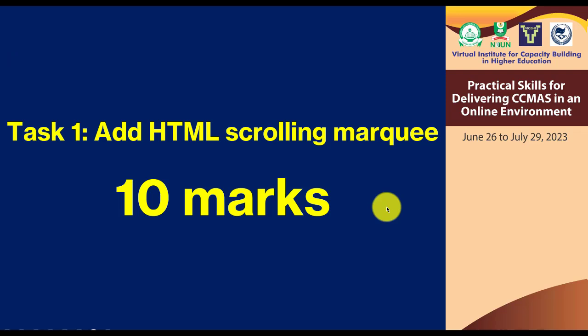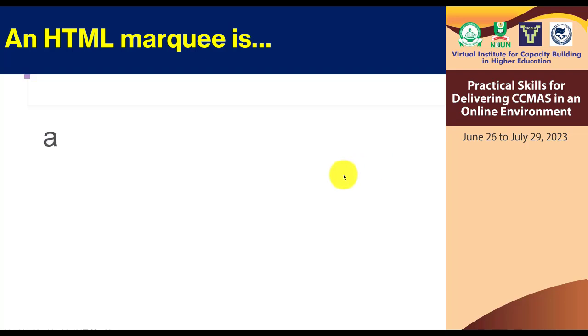Task 1, which will earn you 10 marks, is to add an HTML scrolling marquee. So what's a marquee? Not the kind of tent that we see in event centers, but an HTML marquee.